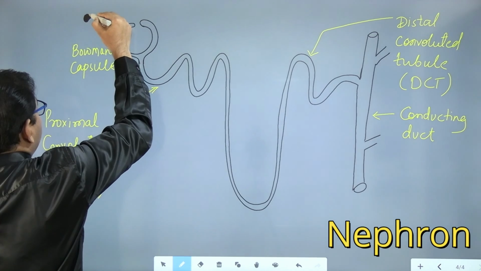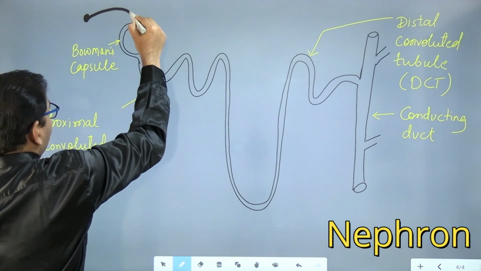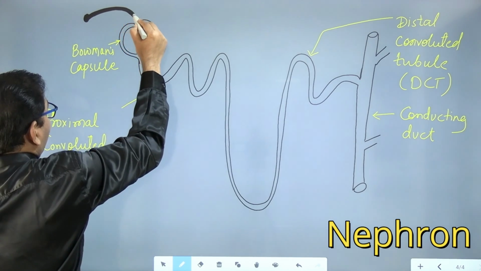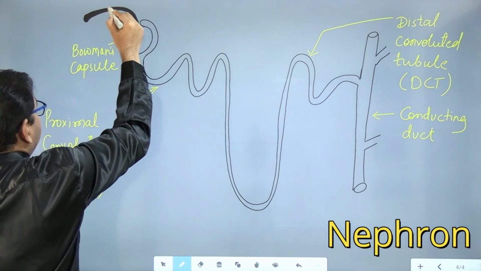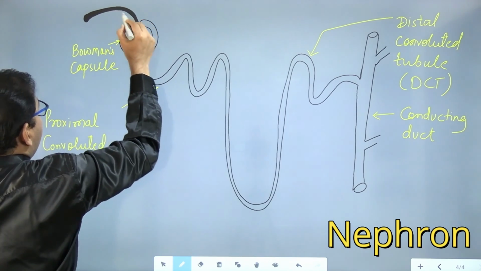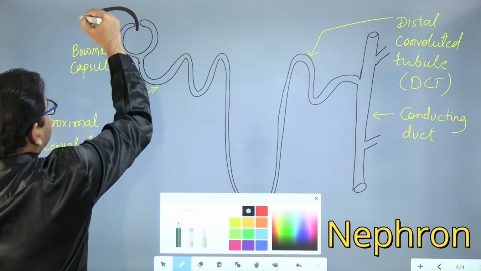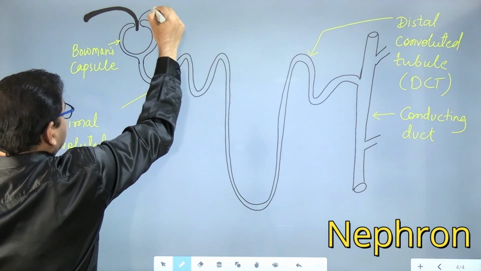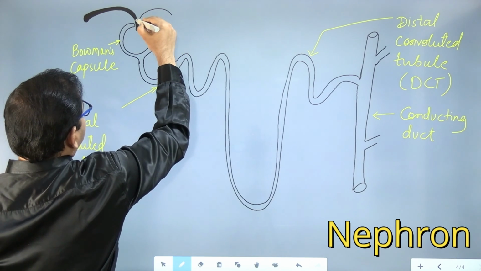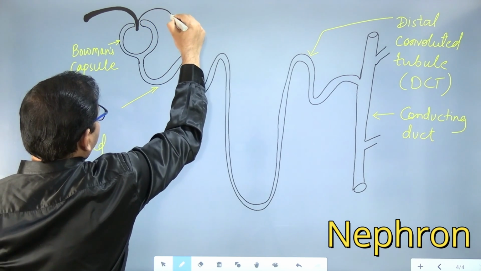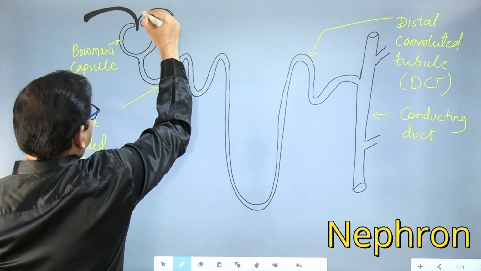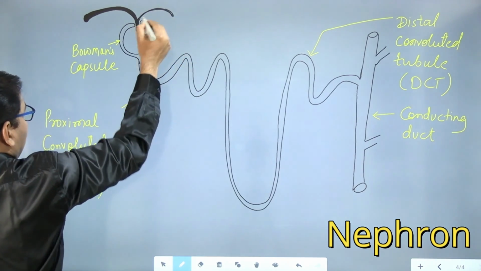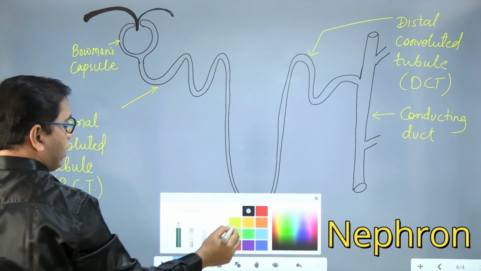Now a capillary which is bigger in size, whose diameter is bigger, is the afferent arteriole, which brings thick blood into the Bowman's capsule, and the other duct whose diameter is not that big, smaller in diameter, which takes this blood away from the Bowman's capsule, is the efferent arteriole.